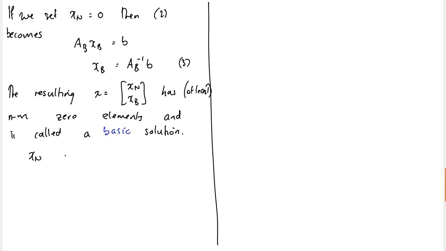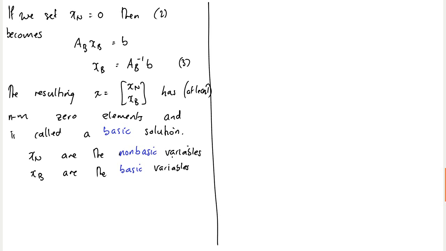Okay, and likewise we can give xb and xn names. xn are the non-basic variables, and xb we call the basic variables.